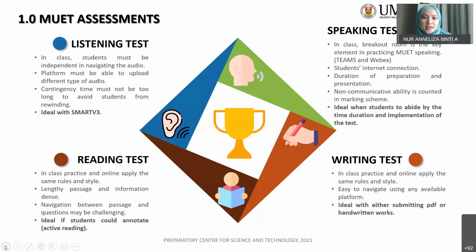Okay, reading tests. In terms of class practice and online, the same rules and style apply, so we don't have much problem with that. It's just that when it comes to the MUET passage, the length of the passage can be very, very long. It can go up to 2 pages. So imagine putting that text in SMART B3.